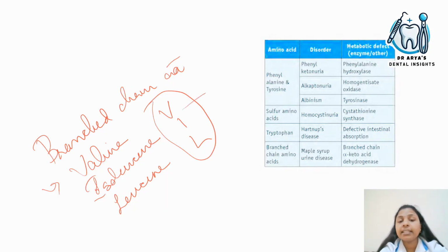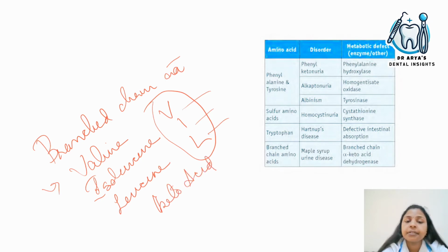So valine, leucine, and isoleucine are the branched chain amino acids, and maple syrup urine disease is a disorder of branched chain amino acids. It is due to the defect in the enzyme branched chain alpha keto acid dehydrogenase.